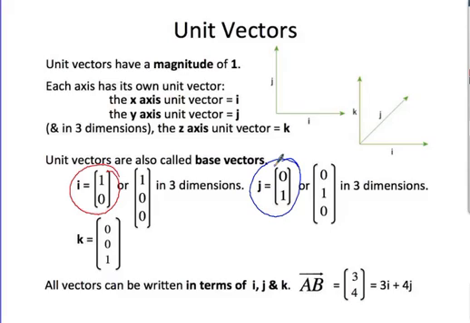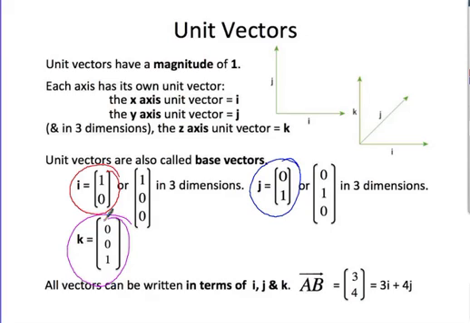The unit vector for movement in the z direction is given by k, and that is the vector (0, 0, 1). Any vector can be written in terms of its movement in the x, y, and z directions, and that would be given in terms of i, j, and k.